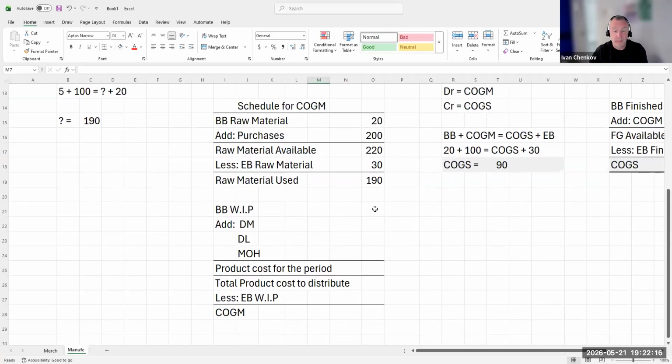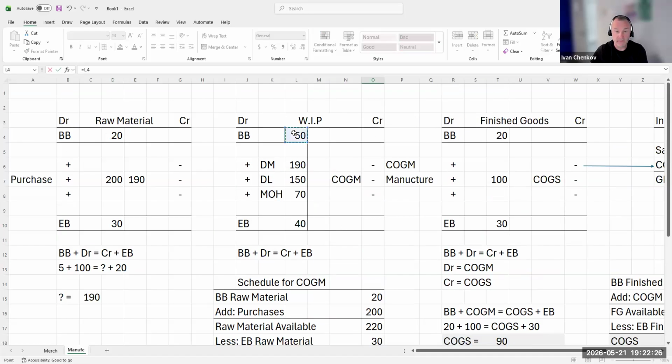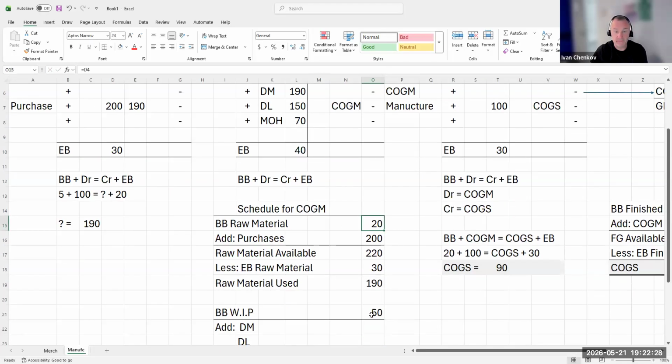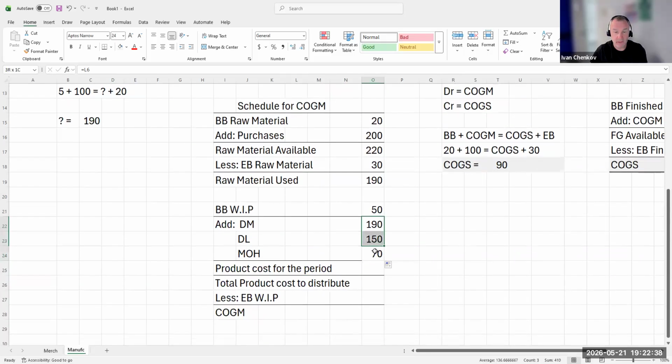So the beginning balance of the work in process is 50. Then we have direct material of 190, direct labor of 150, and 70. That's going to give us a total product cost of 410.